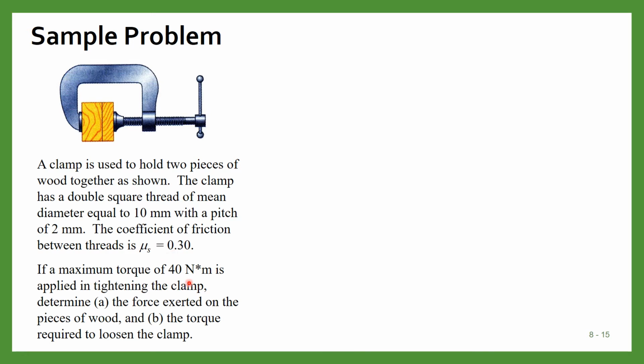Now if a maximum torque of 40 Newton meter is applied in tightening the clamp, determine the force exerted on the piece of wood. And in the second part, the torque required to loosen the clamp. So this is the problem.